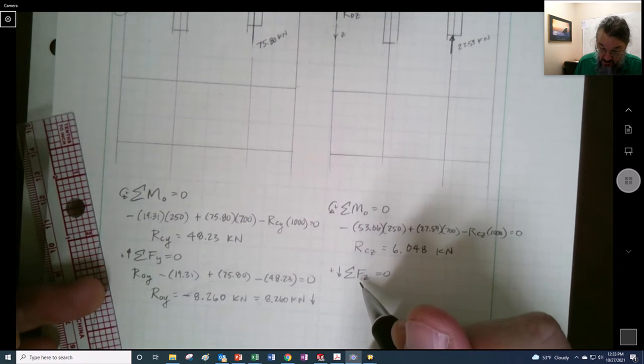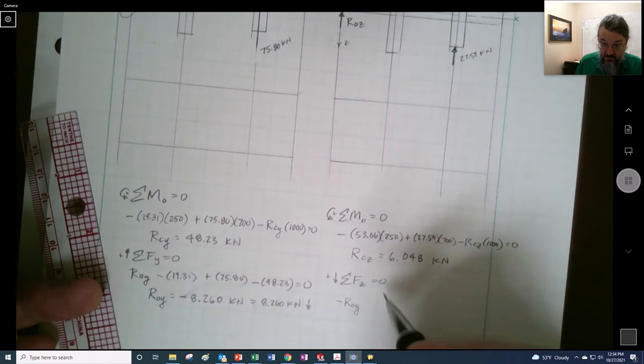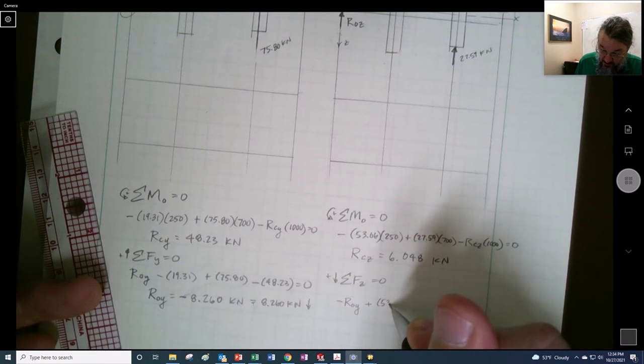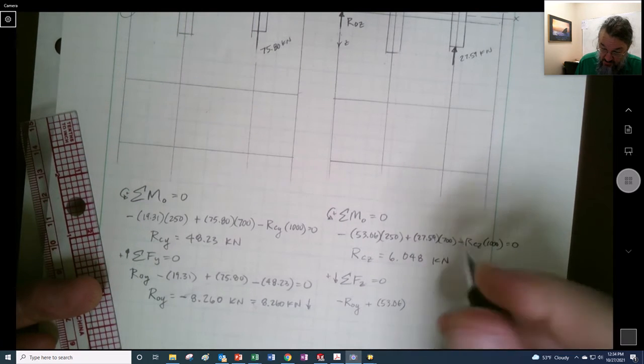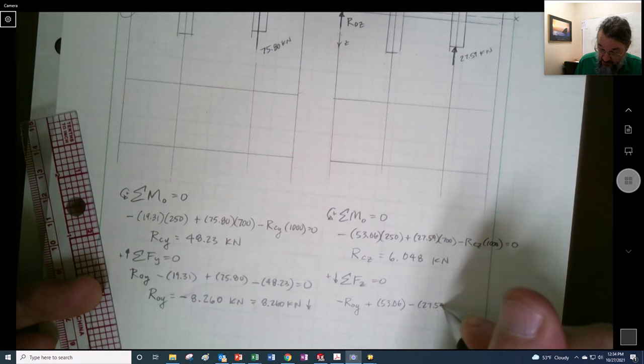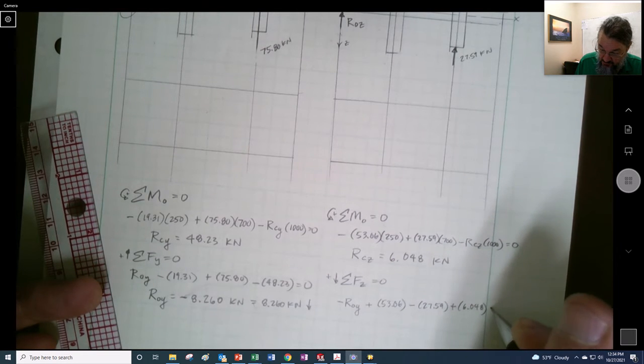All right, so in the z direction, I'm actually predicting negative because downwards is positive. And then plus my 53.06, and then minus my 27.59, and then this is a positive 6.048.